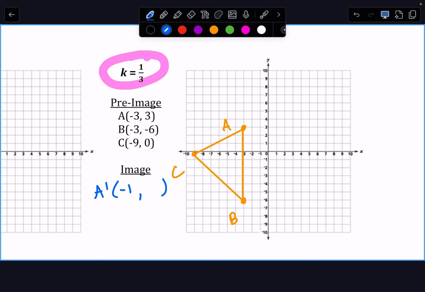So this becomes -1, 1 for A prime, -1, -2 for B prime, and -3, 0 for C prime.